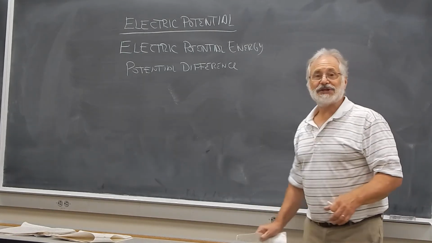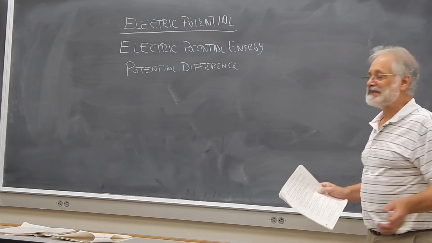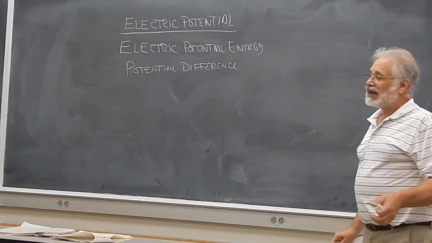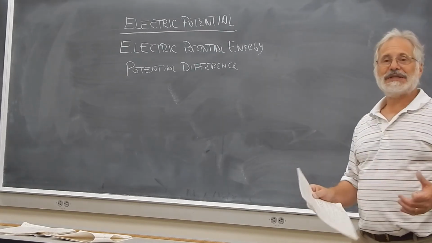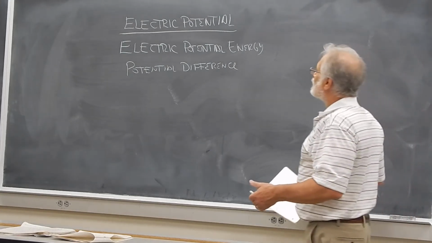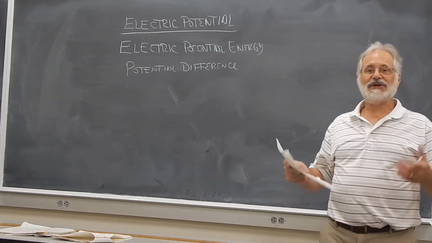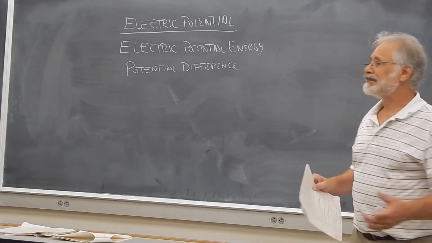Electric potential energy is an energy, somewhat like gravitational potential energy. Electric potential is something that we can derive from potential energy in certain circumstances. Potential difference is a difference in electrical potential or electric potential between two points.